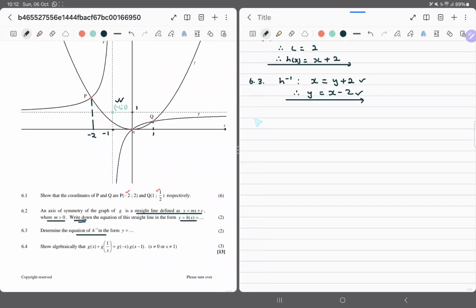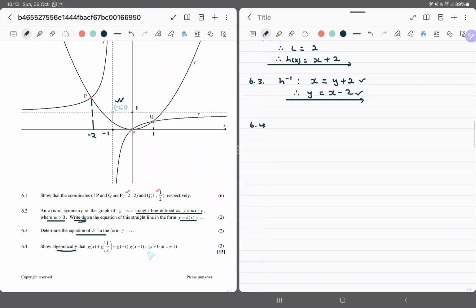So we have 6.4. Now 6.4 says we need to show algebraically that g of x plus g of 1 over x equals g of minus x times g of minus 1, where x is not 0 as well as not 1. Why?